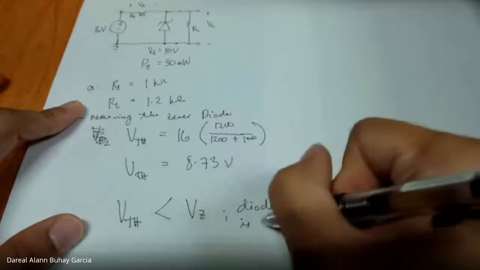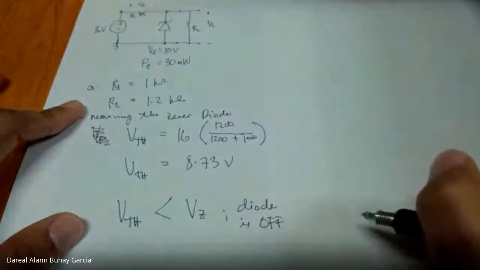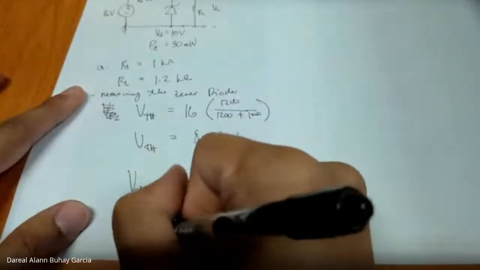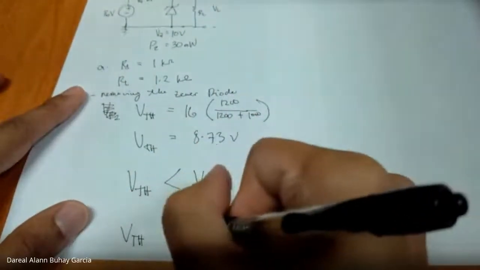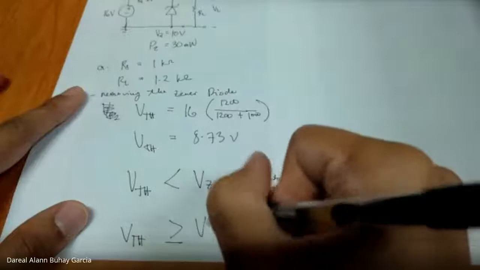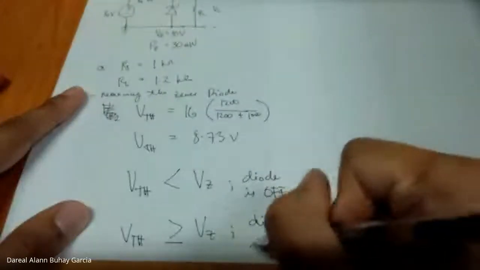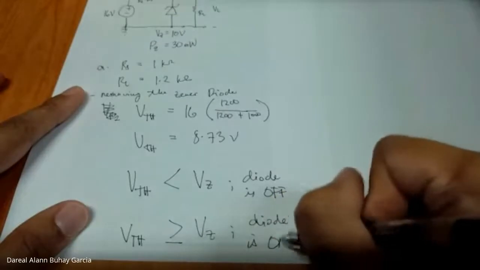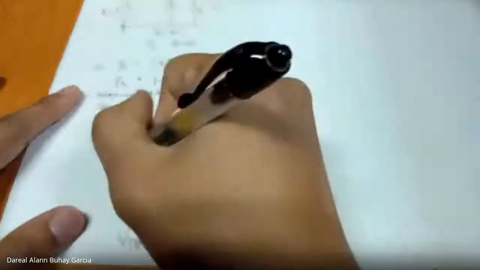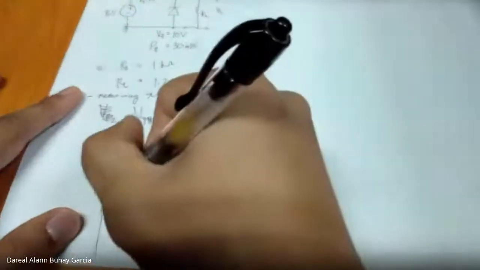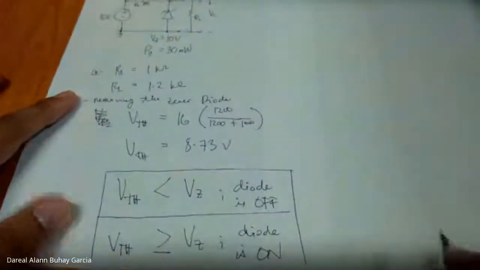Diode is off. Okay? And the opposite is true. If VTH is greater than or equal to VZ, the diode is on. Okay. So muna na itong hinumdum mo, no? Or you remember when we deal with Zener diodes.